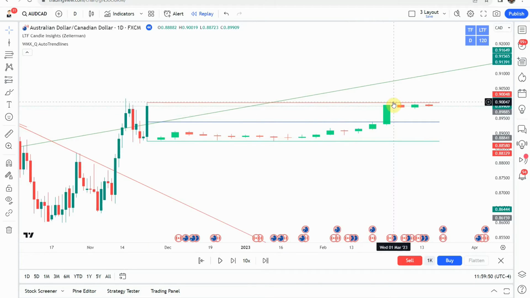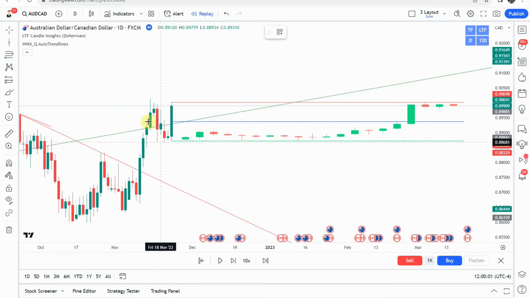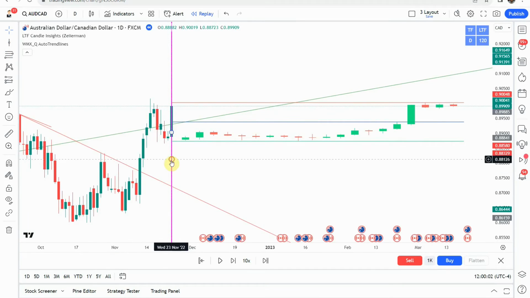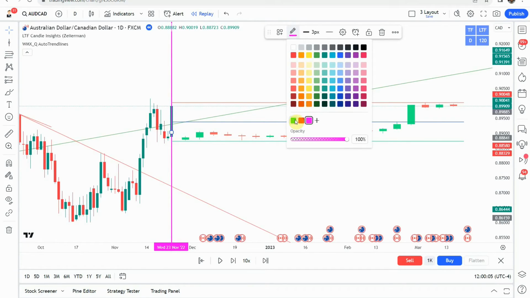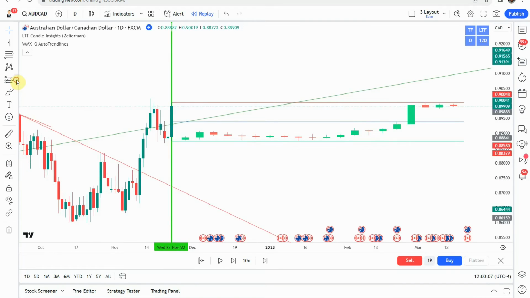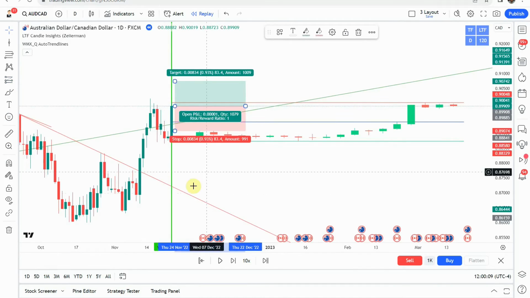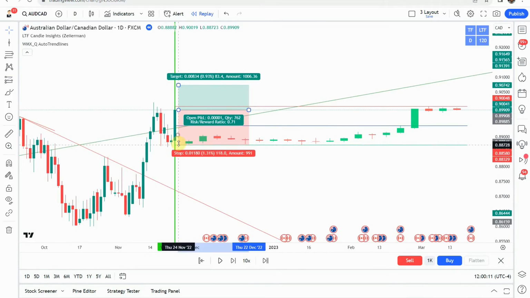And you can see how we get this spike of the LTF candles all the way here at the very end of this candle to the top side of this blue line. That would be our entry right there. And then we are going to set our trade there.